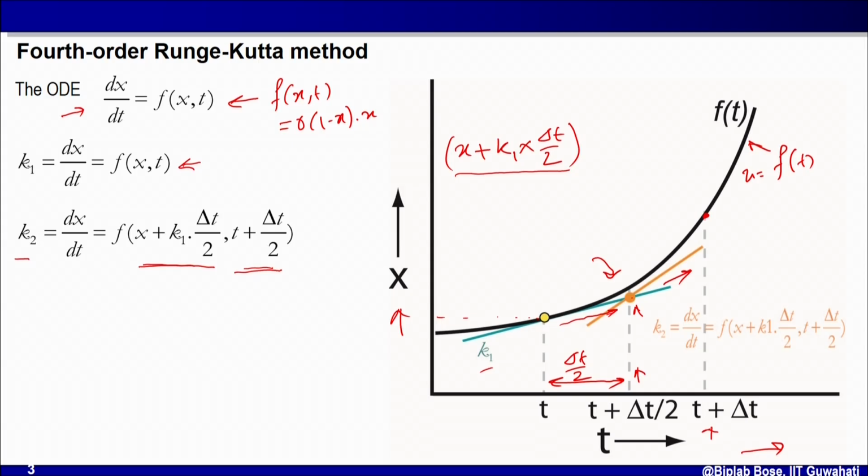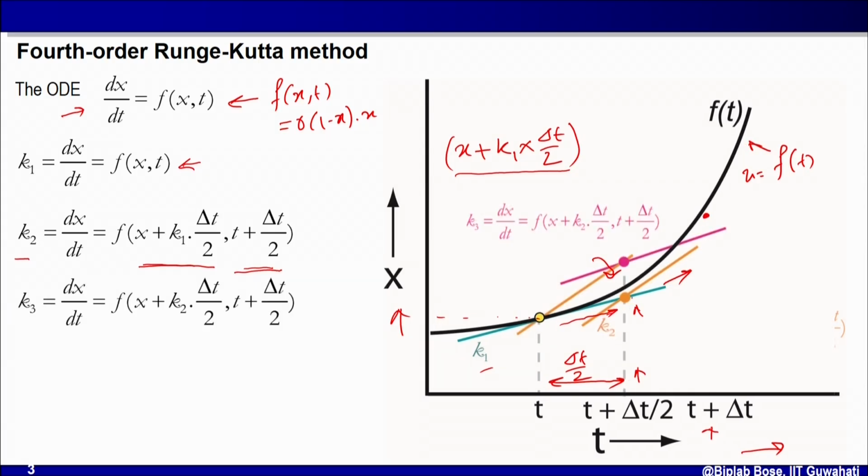Once I have got the slope here at this orange point, I draw a line at this original yellow point using that same slope. So I get an orange line here. I will clean this part so that things become clear for you. So I am taking this orange line slope k2 and drawing an orange line at the original position of x at this yellow point. So I get this new orange line.